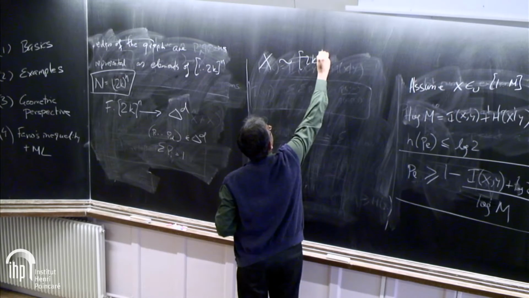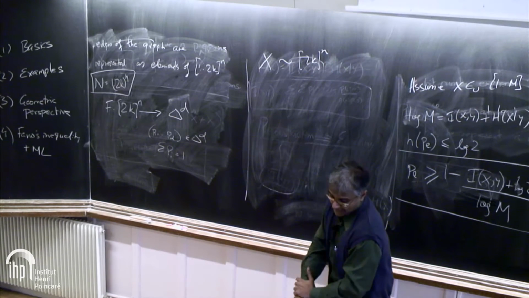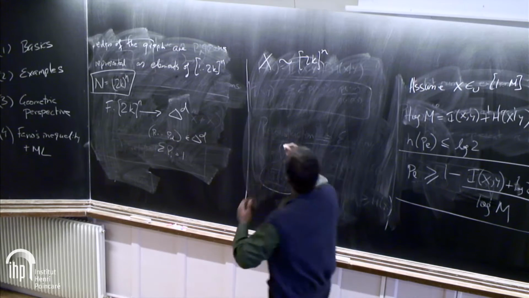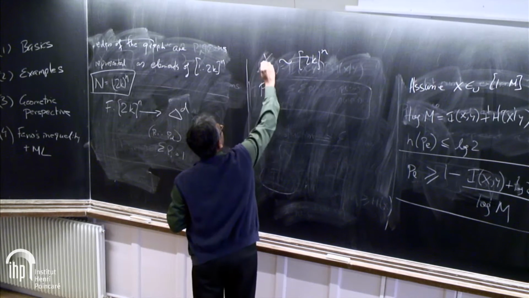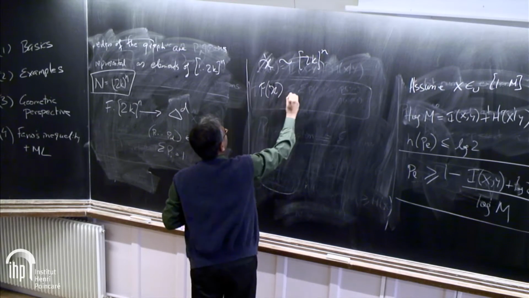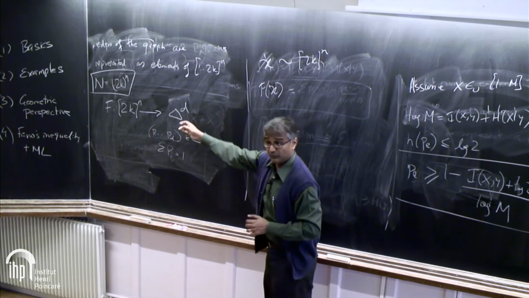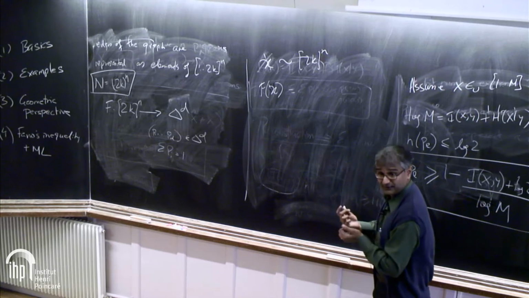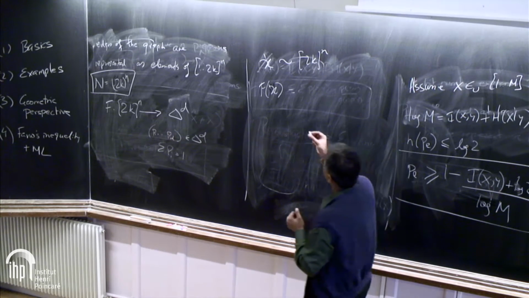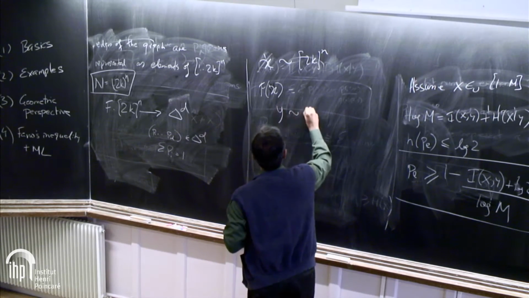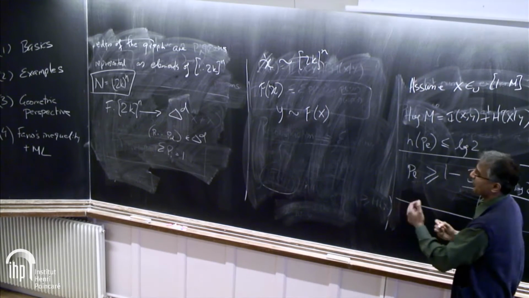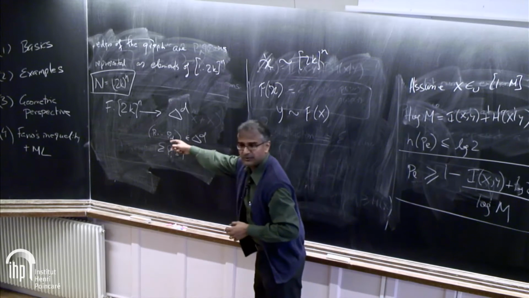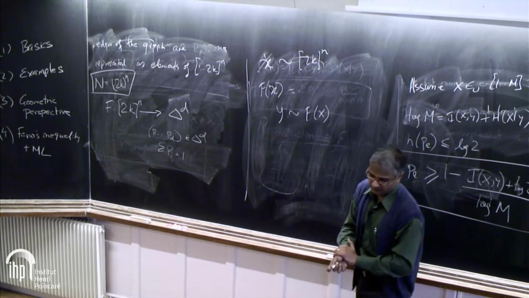And f of x, let me use small letters, f of x is going to be some point in this, which we'll think of as a distribution over 1 through d. So think of y as sampled from f of x. So y is a draw from the distribution over 1 through d sampled here.